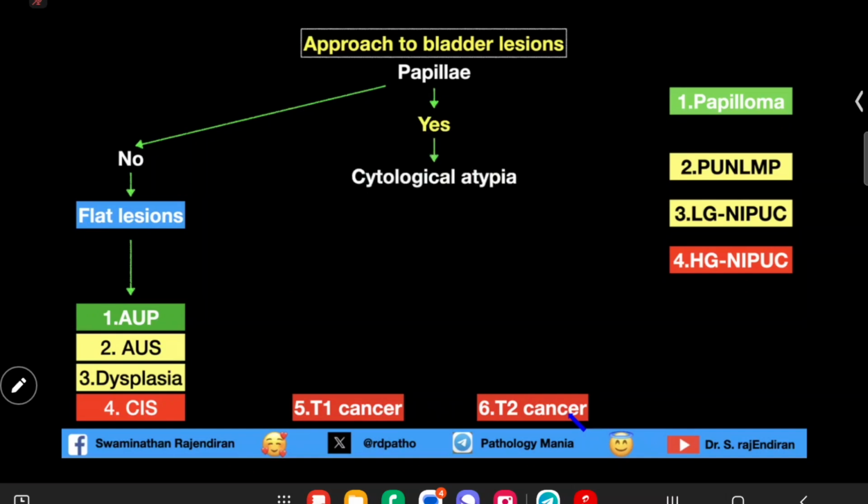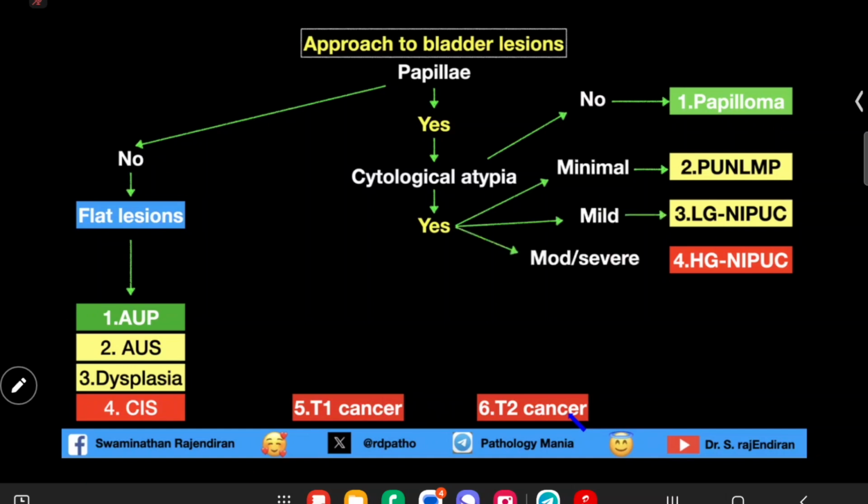When you see papillae, then you have to look for cytological atypia. When there is no cytological atypia, it is papilloma. When the cytological atypia is present and minimal, it is PUNLMP; mild to moderate, low grade; and when it is moderate to severe, it is high-grade non-invasive papillary urothelial carcinoma. When there is cytological atypia, you have to ask for invasion.